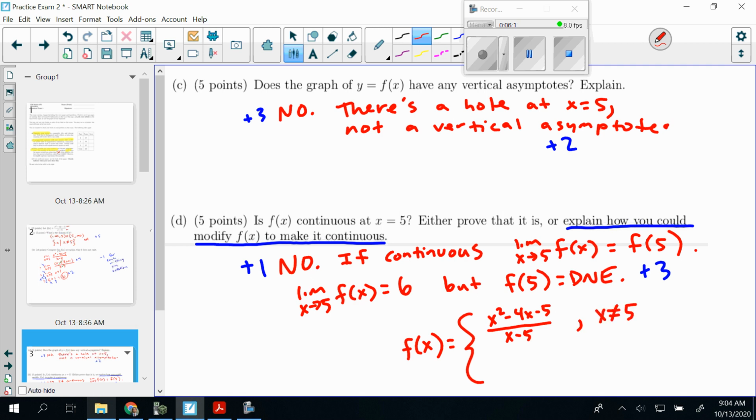So we don't want that being 5 there. If it were continuous right at x equals 5, we know the value should come out from part B, our limit, to equal 6. So we'd want to define that at 6. Now that would make it continuous. So having something like that would give you the final point on that problem.